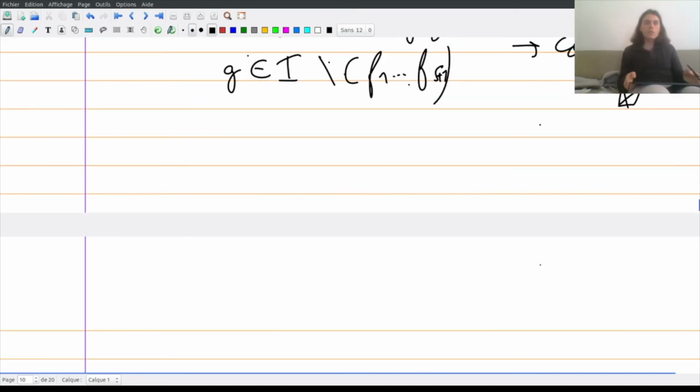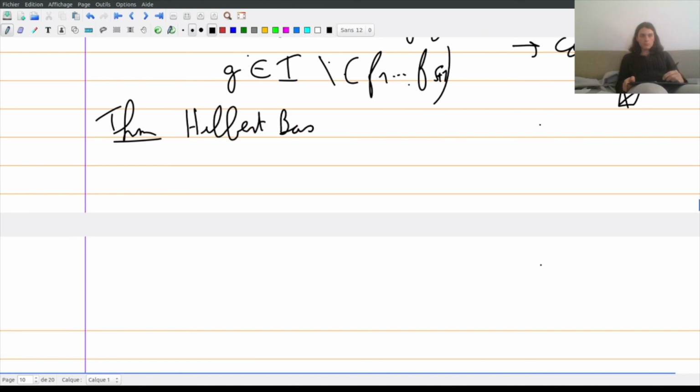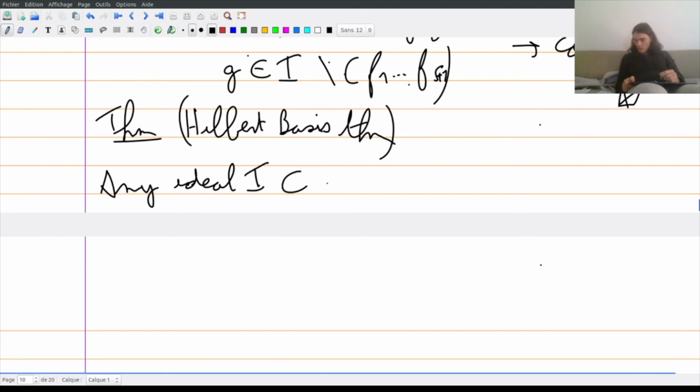So it led us to the following theorem, Hilbert's basis theorem, that says that any ideal of a multivariate polynomial ring is finitely generated.